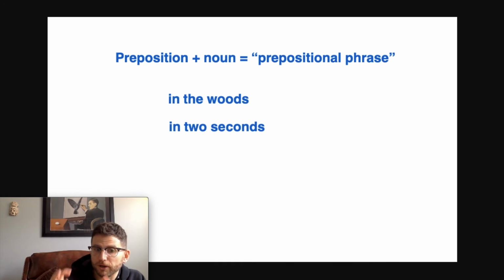So if in the woods is describing man, I want it to be either immediately before man or after man. I don't want it to be farther away from the word it's modifying, because then I end up with a sentence that has confusing syntax, where the elements of the sentence are not in the right place.